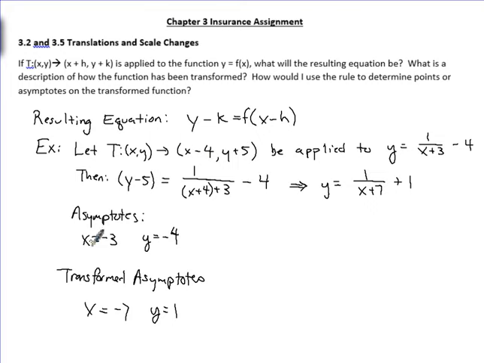So this asymptote is getting moved to the left 4. Where is it going to end up? It's going to end up at x equals negative 7. This asymptote is getting moved up 5. Where is it going to end up? It's going to end up at y equals 1. So there's a quick example of how you can use this rule in these kinds of problems.